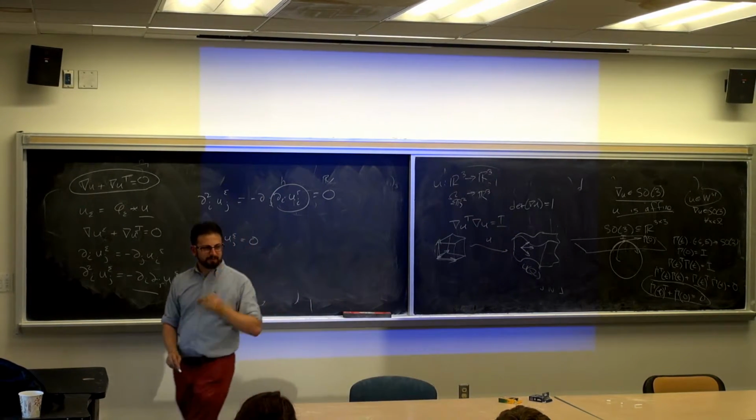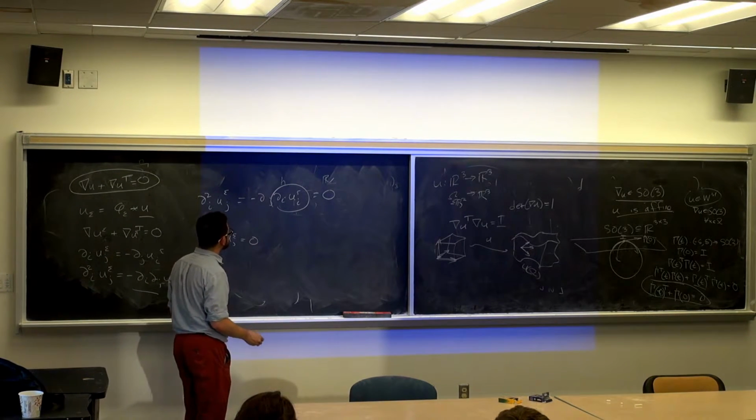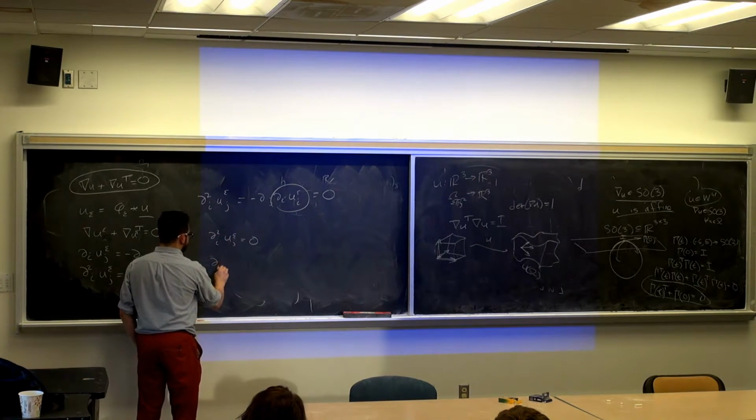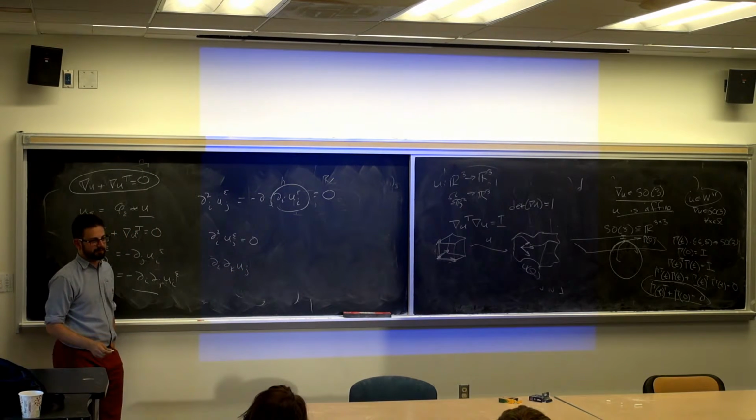You said you have all combinations of second derivatives. Yeah, that should be enough. That means that d j u i is now constant, so d j u j is going to be equal to 0 for this.